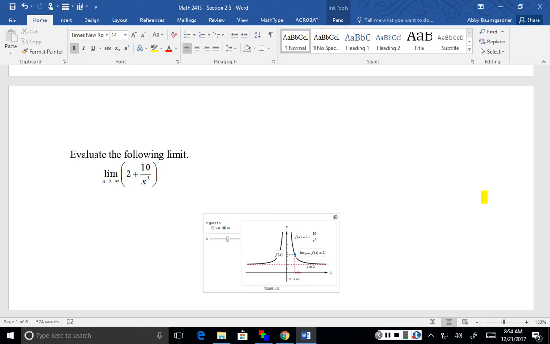Right now, all we have available to us is a graph, and since we don't have a graphing calculator, and it's cumbersome anyway, we don't want to have to graph a function every time we want to find the limit at infinity. So let's do one more where we're looking at the graph, and then we'll talk about how to handle these algebraically. So here we've got the graph of 2 plus 10 divided by x squared.